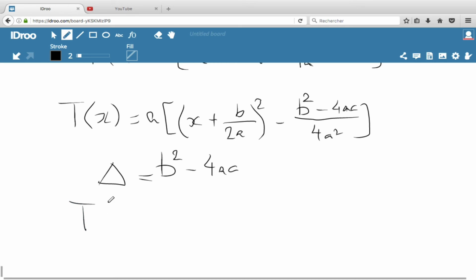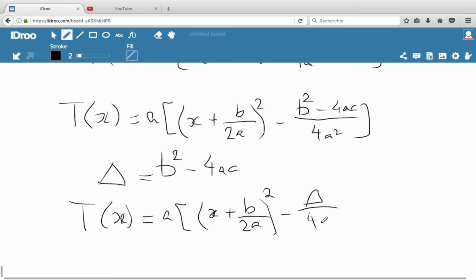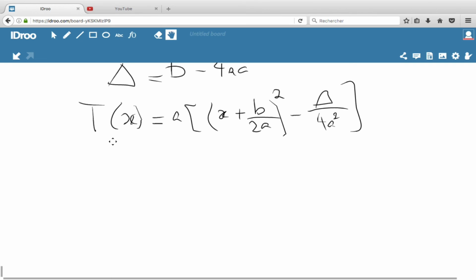So we can put this: a times x plus b over 2 times a, all squared, minus delta over 4 times a squared. Okay. And we can write this like this.